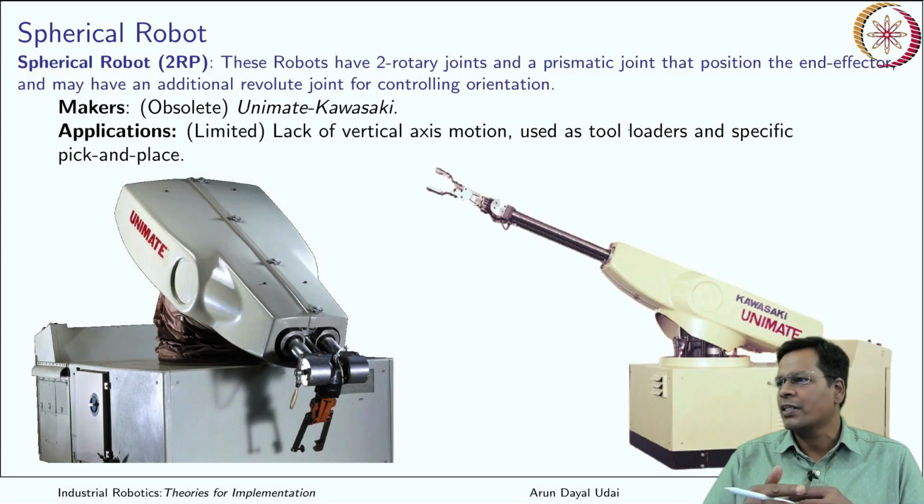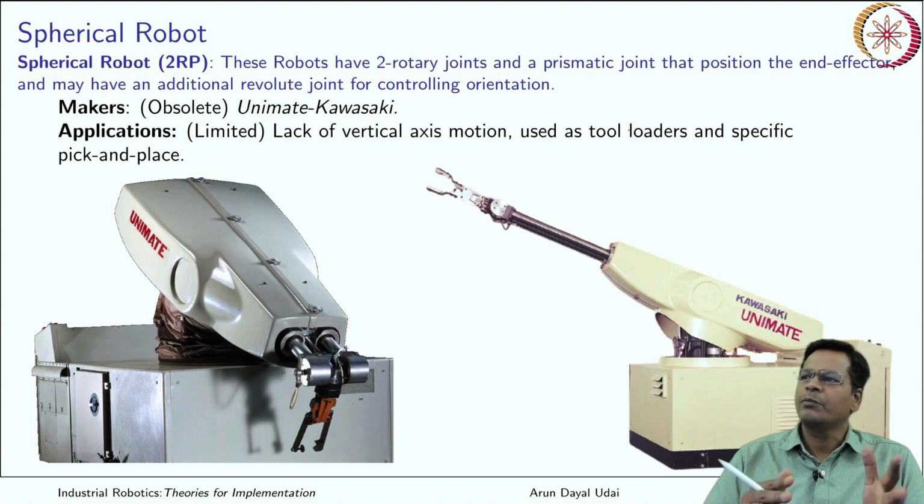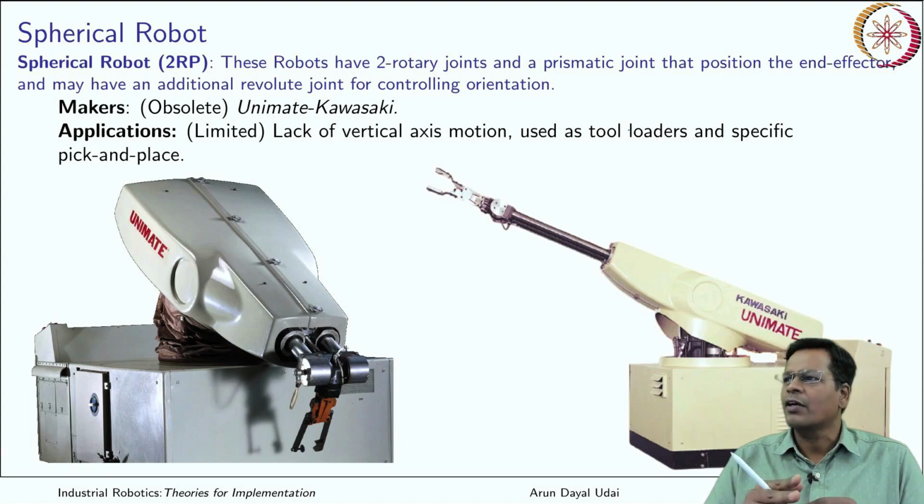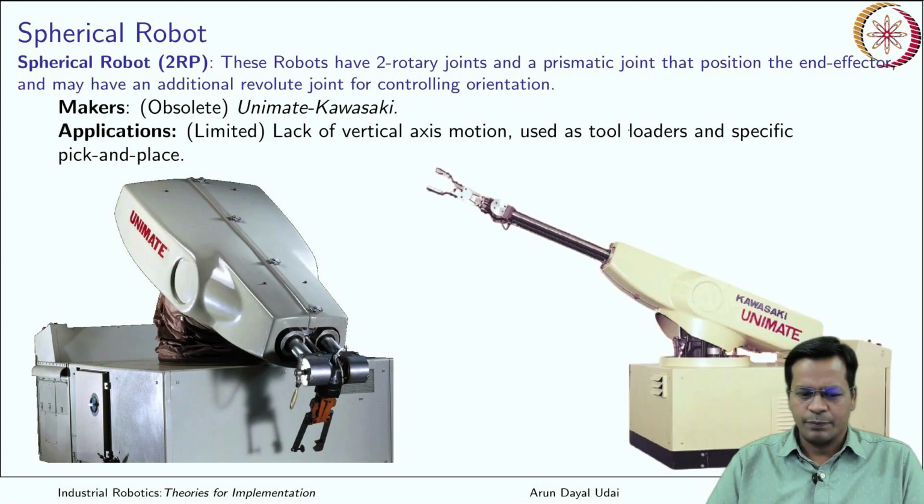Makers are Unimate, Kawasaki. This is already obsolete. You don't find this type of robot anymore in industry. Applications are limited, due to lack of vertical axis motion. There is no axis which can make it go vertically up and down. That is something this type of robot is lacking. It is used as a tool loader and for specific pick and place tasks.